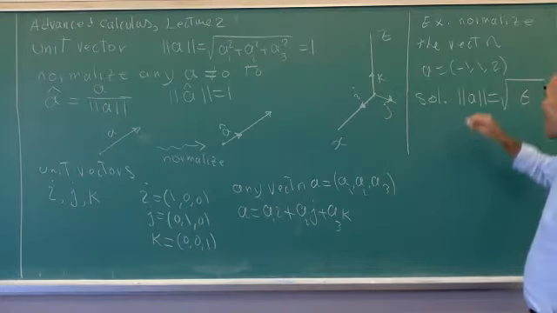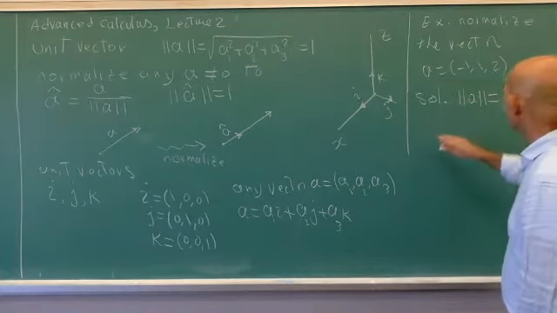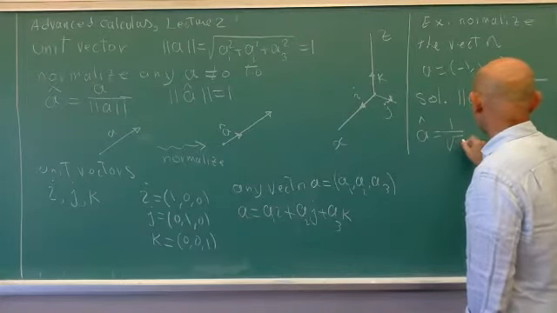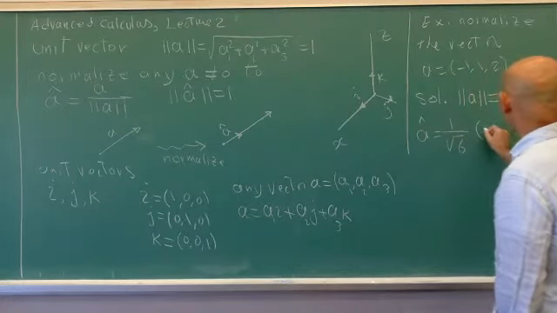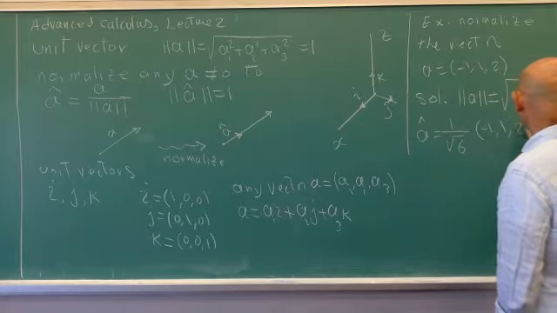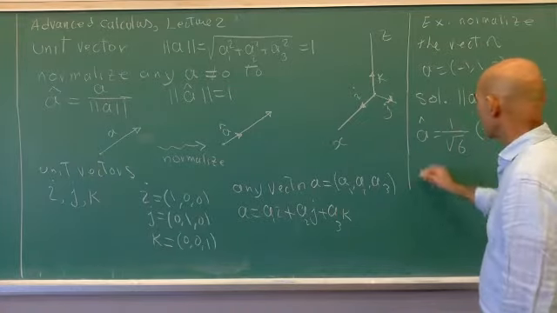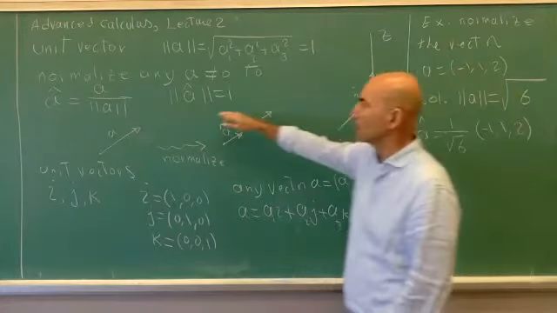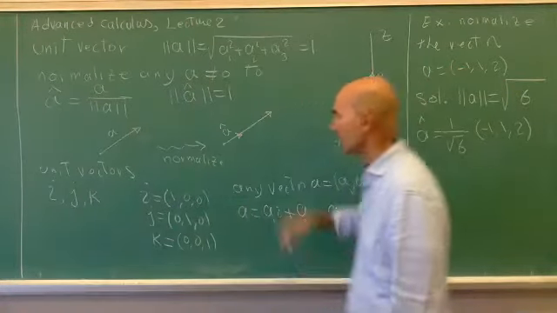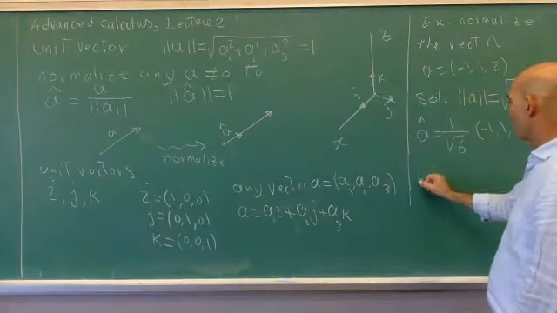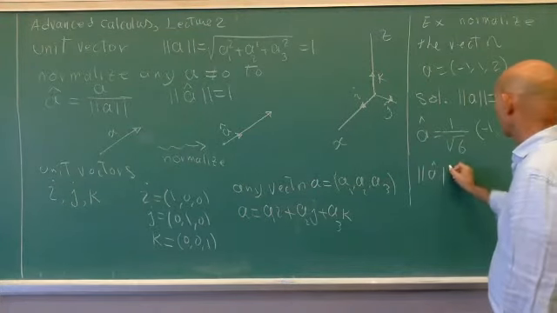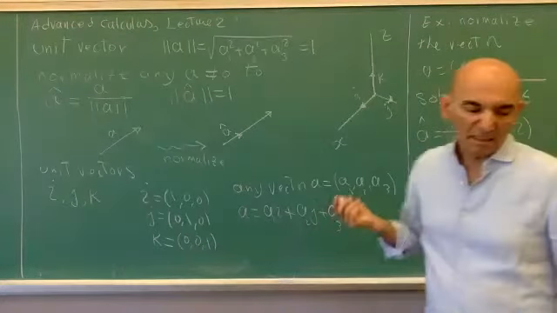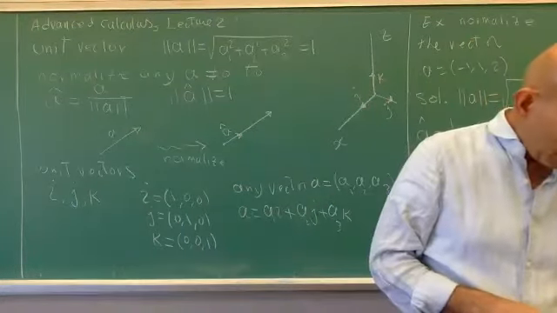Then we just divide (-1, 1, 2) by its length. And of course, you can check, because it's a general fact that is very easy to prove from the definitions, that the norm of A hat is also 1. So that's a simple example.